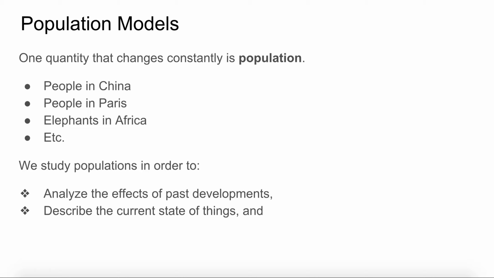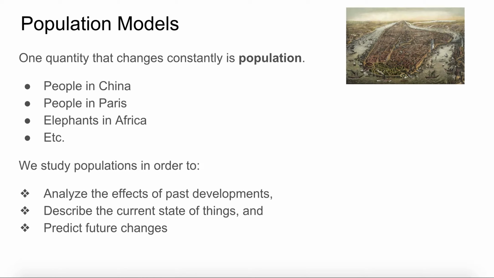And finally, maybe most importantly, we can make predictions about the future. So if we're thinking about elephants in Africa, we might say, in 10 years, I'm worried that elephants are going to be extinct. Or in 10 years, there will be too many elephants, right? Using math and models for population, we can do all of these three things.